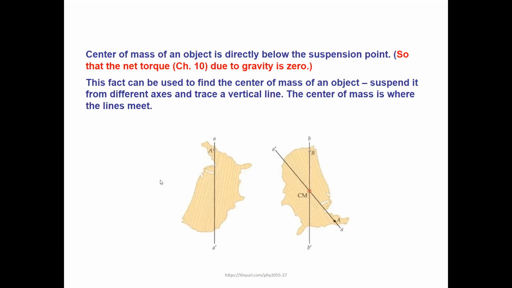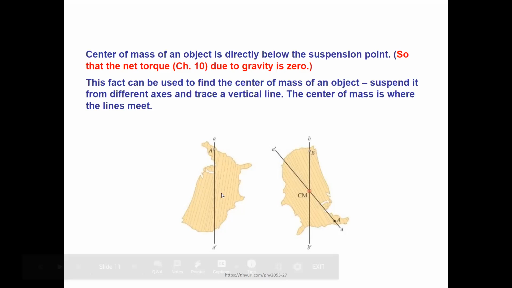For an irregular shape of object, you can determine the center of mass by just hanging it at 2 points. When you hang an object with a string over here, the center of mass should be along this line.